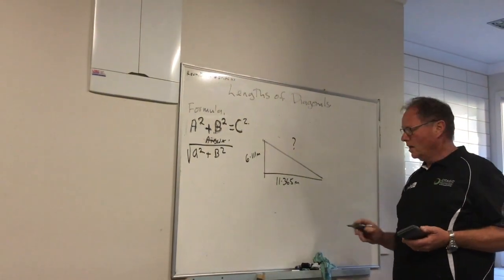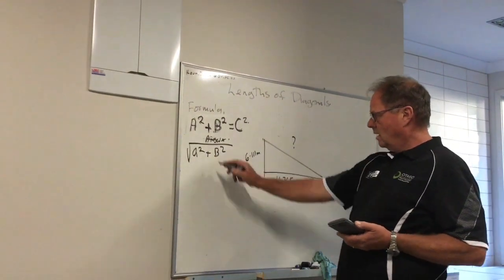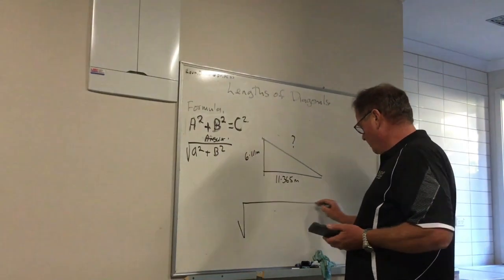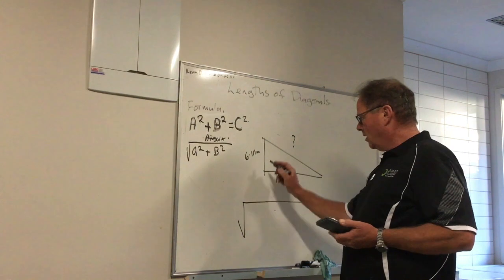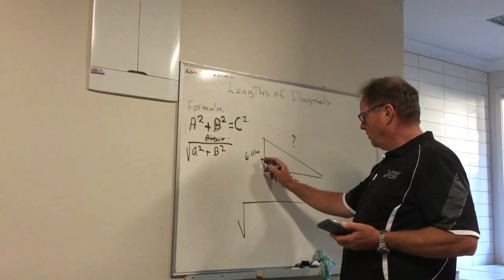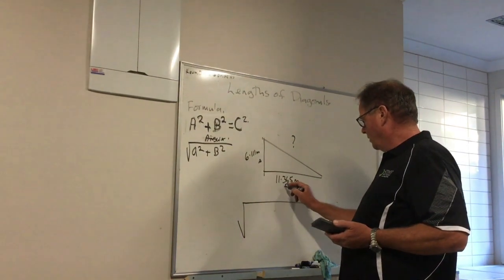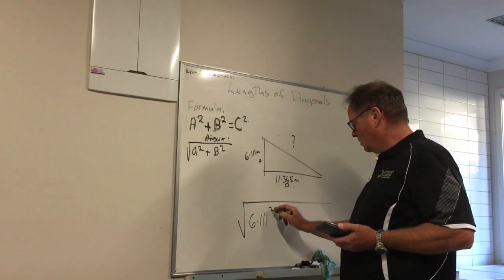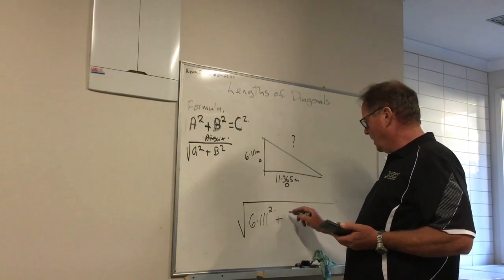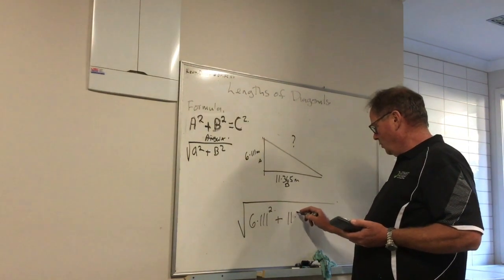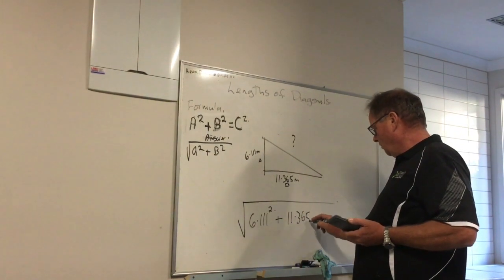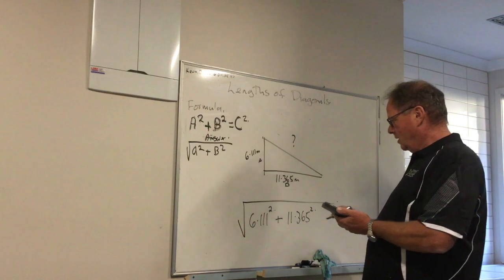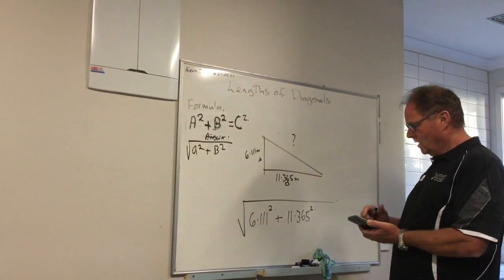What have we got here? Here's our formula. Square root of a squared, 6.111 squared plus 11.365 squared. We'll do that on the calculator.